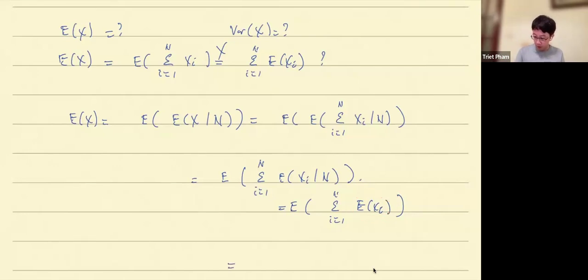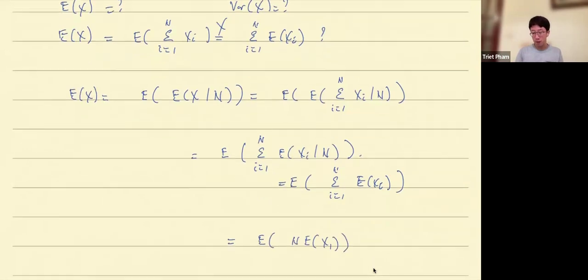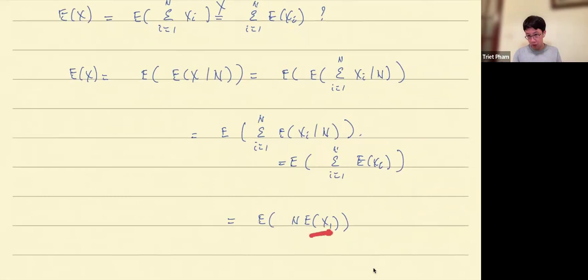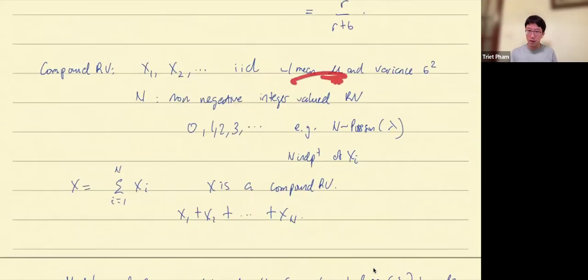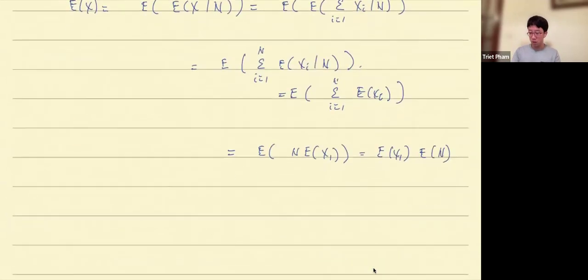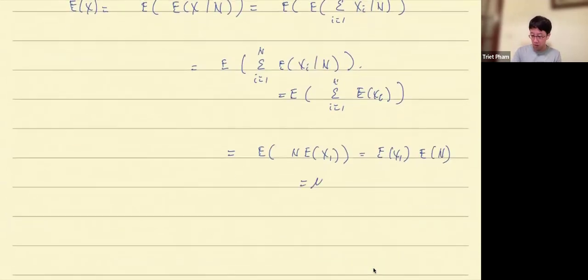Therefore, you get n times the expectation of, say, the first random variable. Now n is constant, so it factors out. And routinely we say these have mean mu, so this is n times mu. Any question?